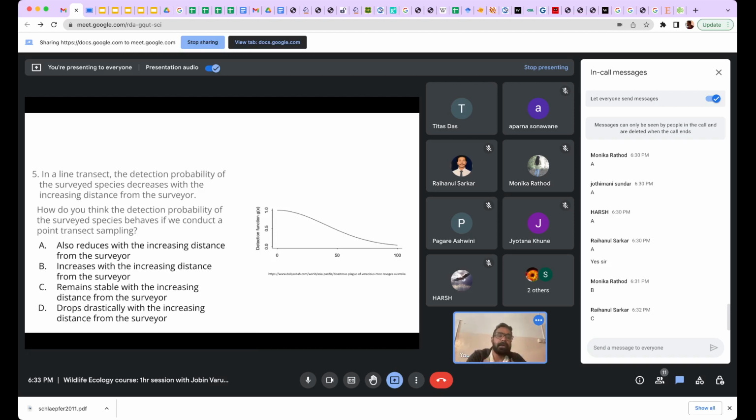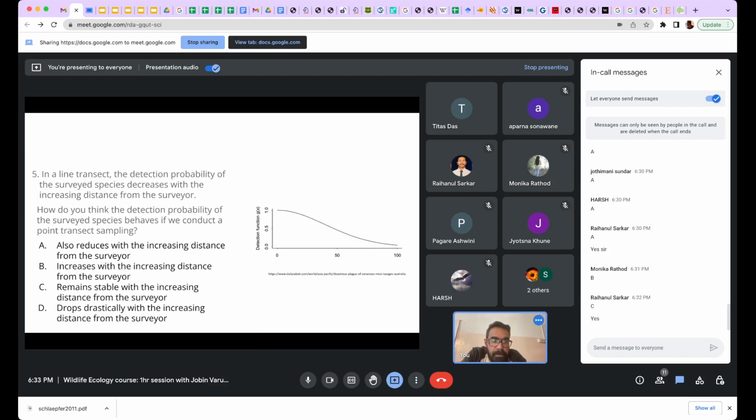Am I clear with this? Monica and Rehanul? Really? A bird that is 2-meter away and a bird that is 20-meter away have the same probability of being seen? I mean, the same size, same bird. Come on. How is that possible?